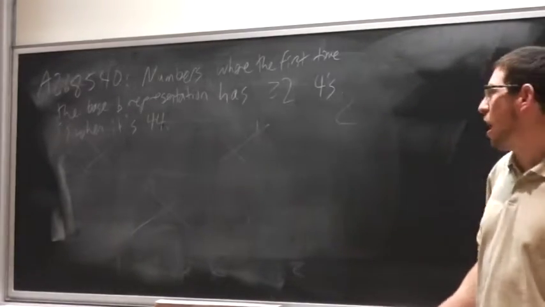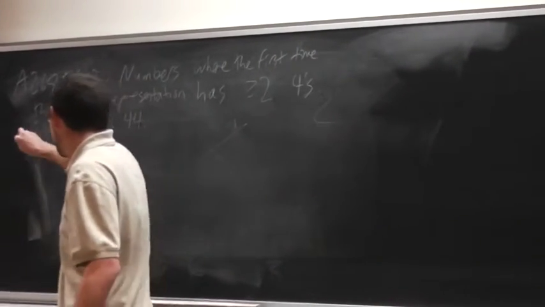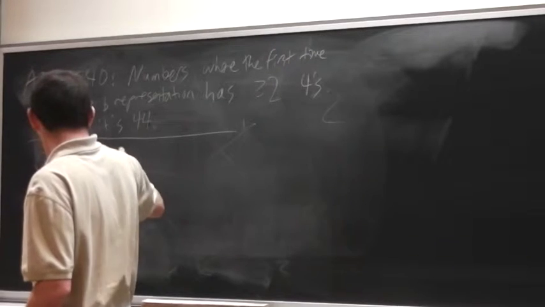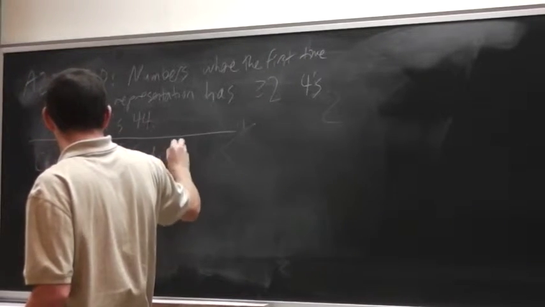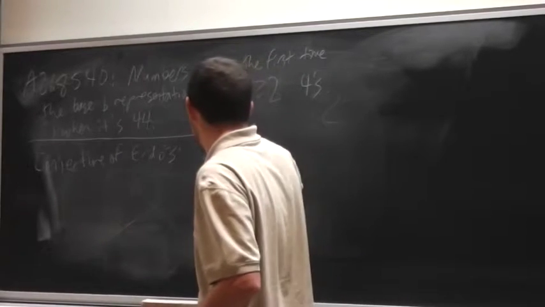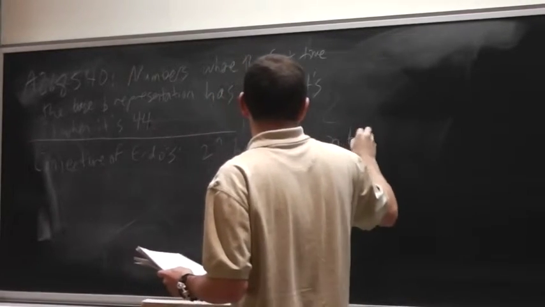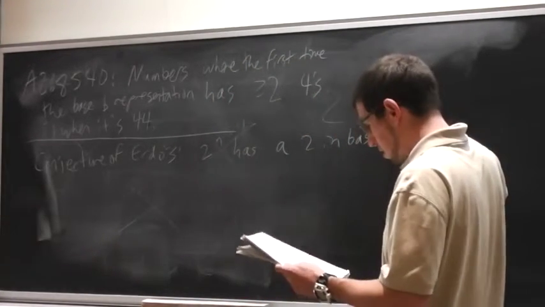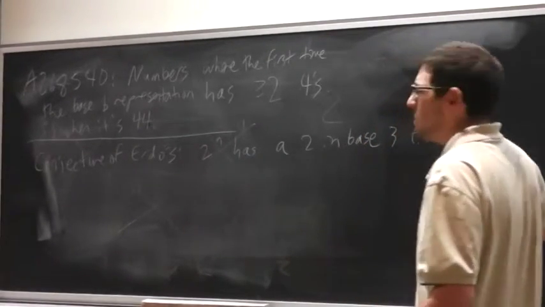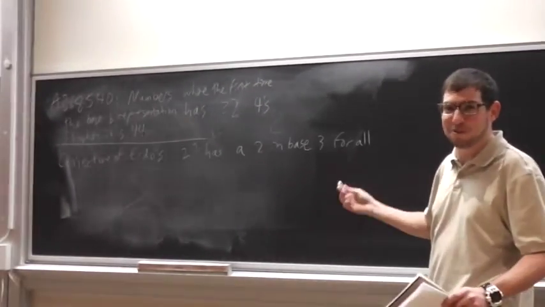And I feel like these questions are likely to be kind of hard because just along these same lines, there's a conjecture of Erdős which says that 2 to the n has a 2 in base 3, and this is for all n greater than 8. Or it might be, I don't remember if it's n greater than 3 or n greater than 8, but I'm going to write n greater than 8 because if it's n greater than 3, then it's still true for n greater than 8.